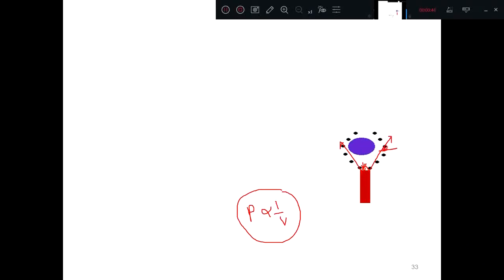As the pressure is less, automatically the pressure on the other side will be more, so it will push the ball back to its original position.